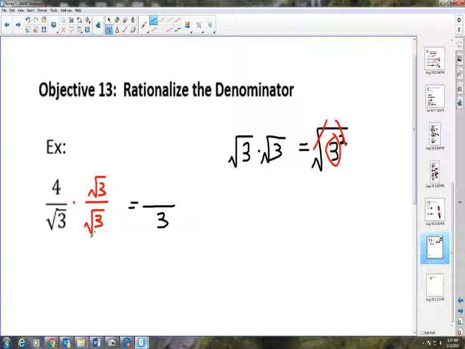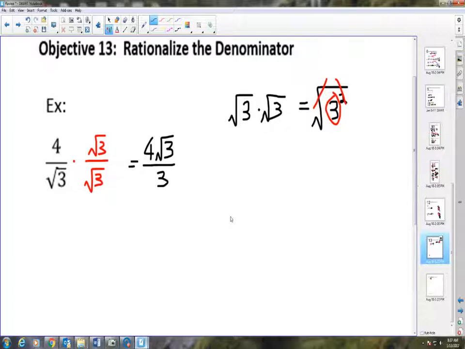And that's the whole purpose of multiplying by square root of 3. When you have 2 of them, it can cancel out with the square root. 4 times square root of 3, still 4 times square root of 3. So that's my answer. And remember, what's inside the radical cannot cancel out with what's on the outside. So this whole thing is your answer.